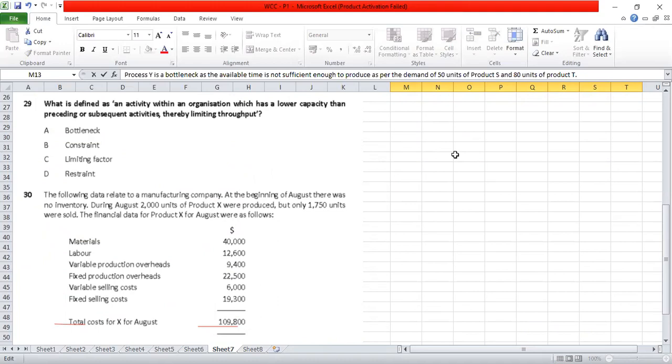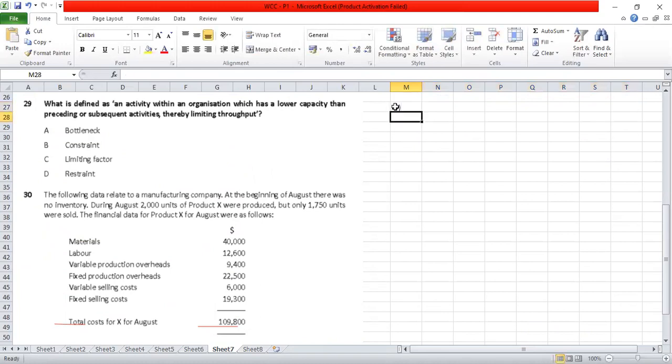So here, what is defined as an activity? Bottleneck. For this one, there's no discussion needed. We understand this one. For the 29th question, the answer is A, bottleneck.